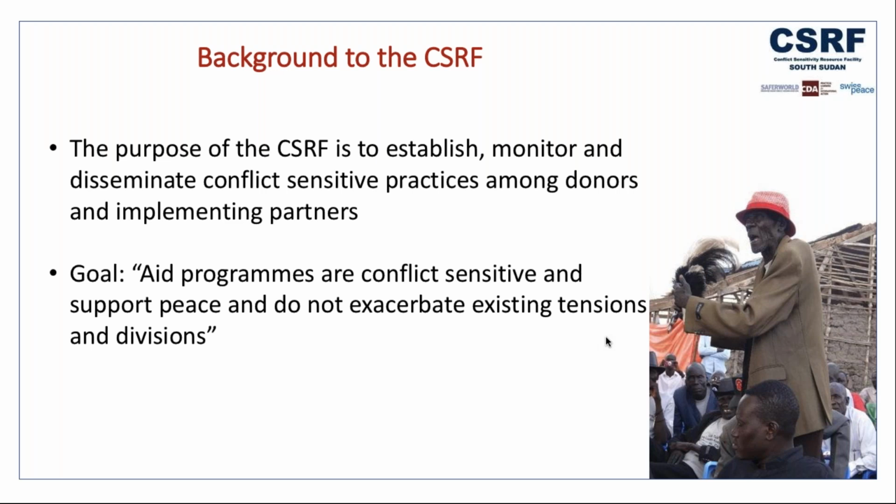How do we do this? We do this through a combination of creating conflict sensitivity knowledge through research analysis and facilitated reflection exercises, and finding ways for the organizations that we work with to apply that knowledge through institutional assessments and institutional capacity strengthening, which could take the form of training, workshops, accompaniment, mentoring, sitting down with program teams and reviewing project or program documents, and in-depth conflict audits and mapping exercises.